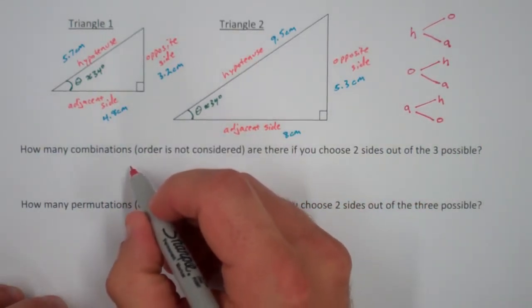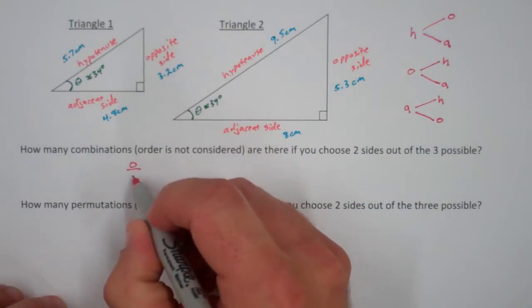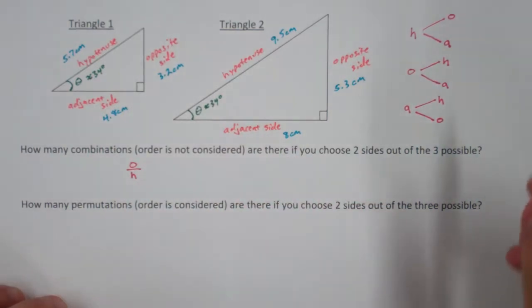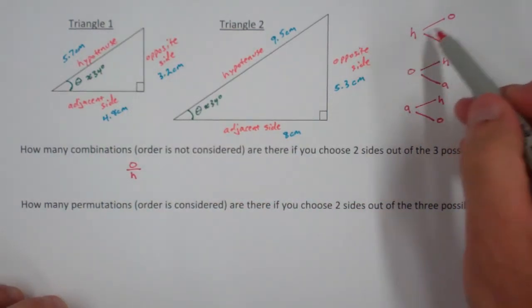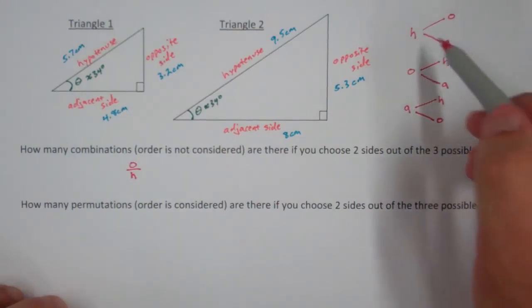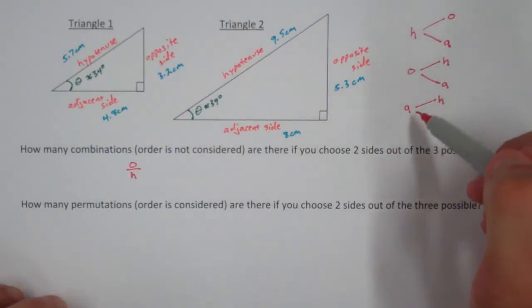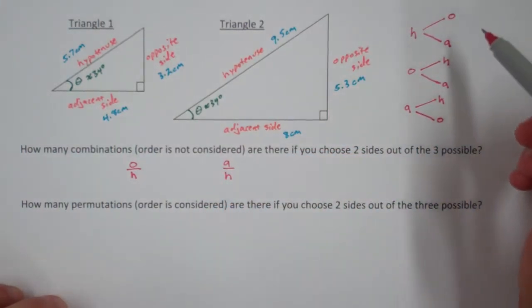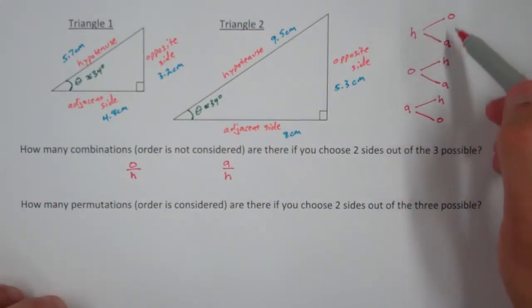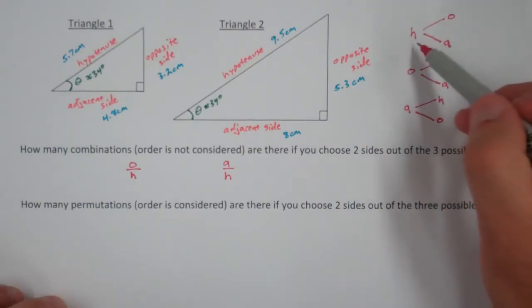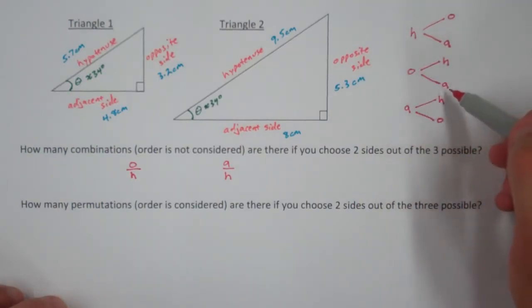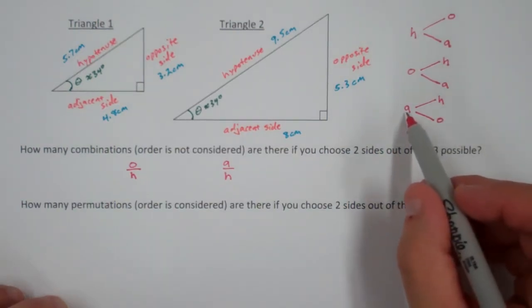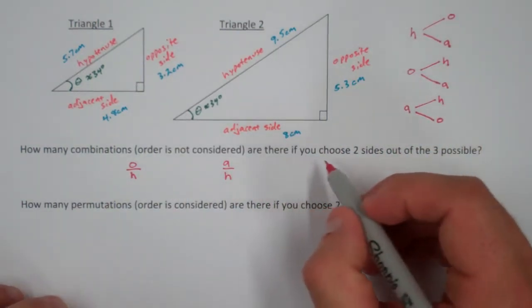So if we write that as a ratio, we've got opposite over hypotenuse. We're saying that's the same as hypotenuse and opposite. We've got hypotenuse adjacent. Here's adjacent hypotenuse. And let's see, we just covered that one. We've already got this one. This one we already covered. Oh, we have to do opposite and adjacent, and that will be the same here as adjacent over opposite if we don't consider the order.